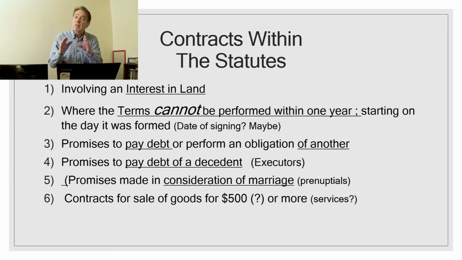It's only that the statute requires, if you want to prove the contract, if you have to prove the contract, that you have a writing. So if the terms can't be performed within 1 year, then that's the kind of contract that has to be in writing. So if it's possible to perform it within 1 year, you don't need to have a writing. But if it cannot be performed within 1 year, you do need to have a writing. Also, a promise to pay the debt or perform an obligation of another.